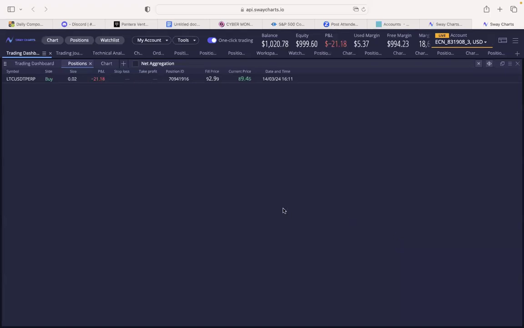ECN. Okay. So on your dashboard, once you fund your account, you will see two options. But once the second link, is it Peter that posted the link?